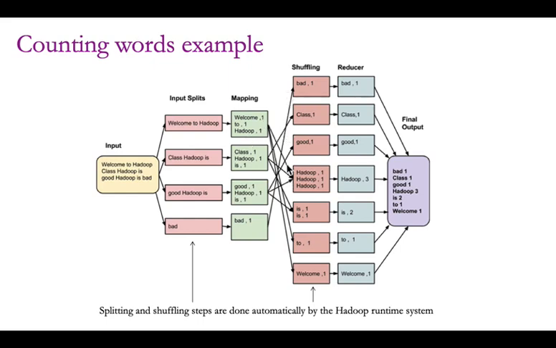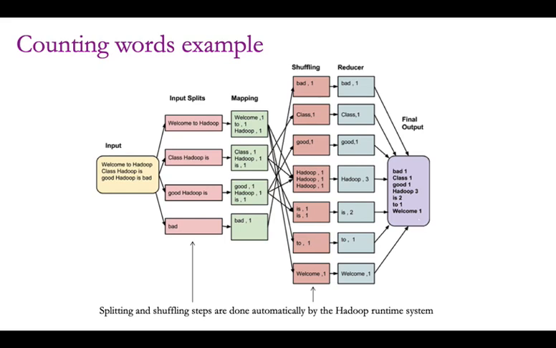Those are shuffled here to group the outputs that have the same key together. So, for example, Hadoop is output 3 different times, and that's combined here into 3 different entries for Hadoop, 1, and those are fed to one reducer that takes that, and based on the code I showed you, it adds up all the different ones to produce 3, and the output is this list of words and the number of occurrences. Okay.